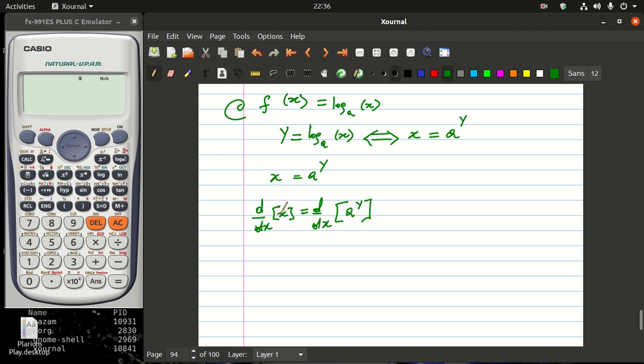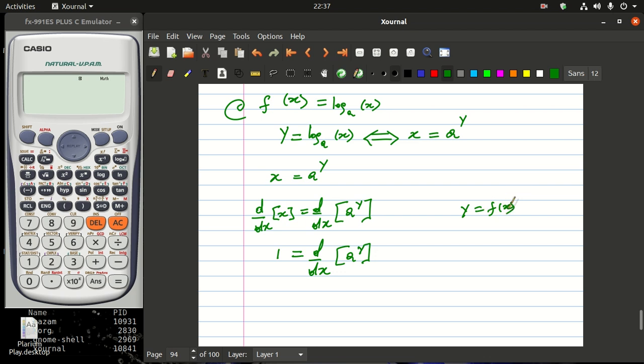What is actually the derivative of this whole thing here? The derivative of x with respect to x, we know that is just a 1. And then the derivative of this whole thing here, we don't know it yet, but we're about to find out. So I have a raised to y. And we said that this y here, our y is the same as f of x.